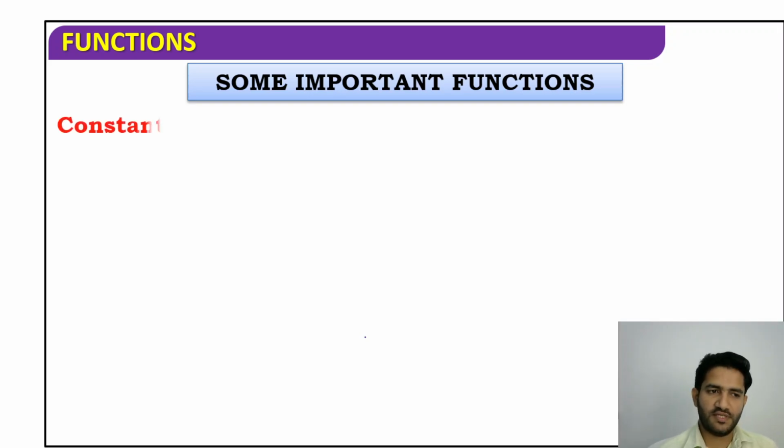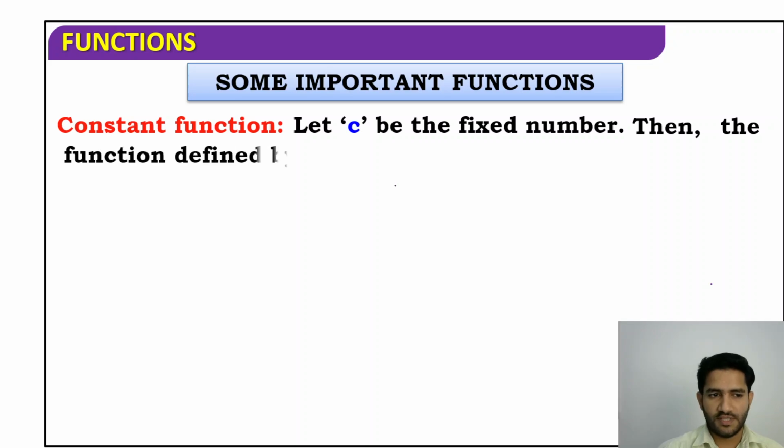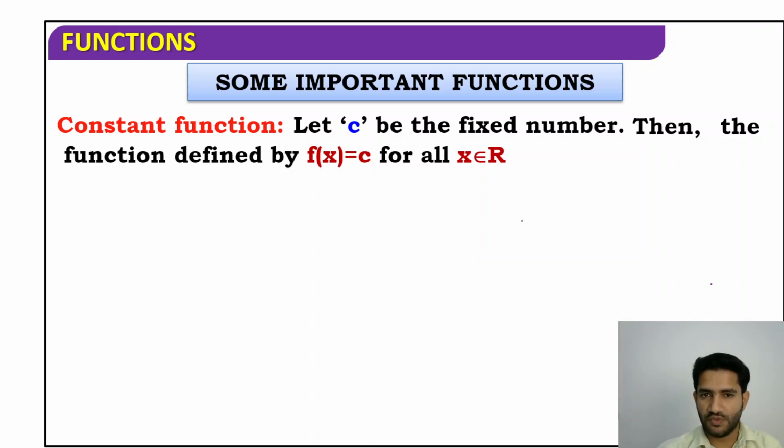So first of all, we know the constant function. Mostly we denote a constant with C. Then we can define the function f of x equal to C. Mostly we can reduce these words by using mathematical notation.